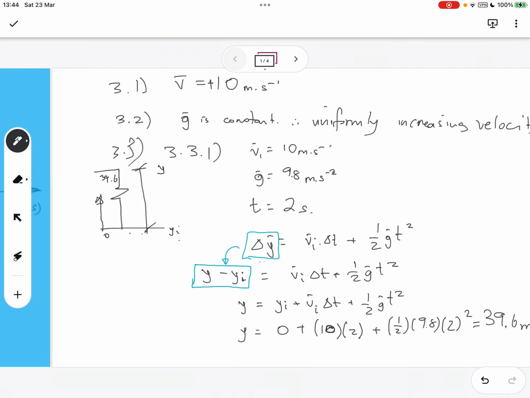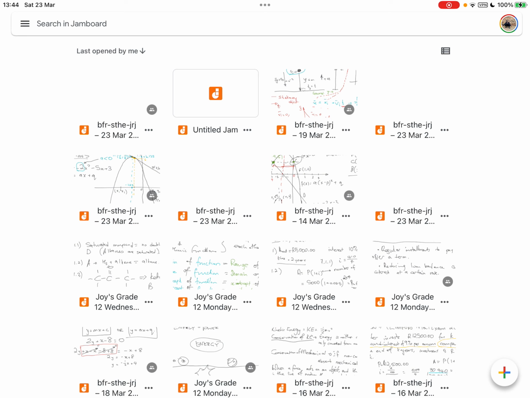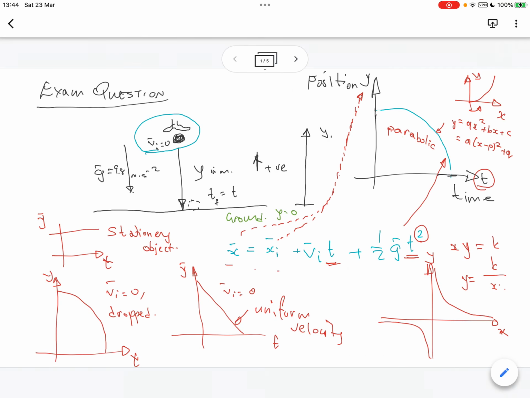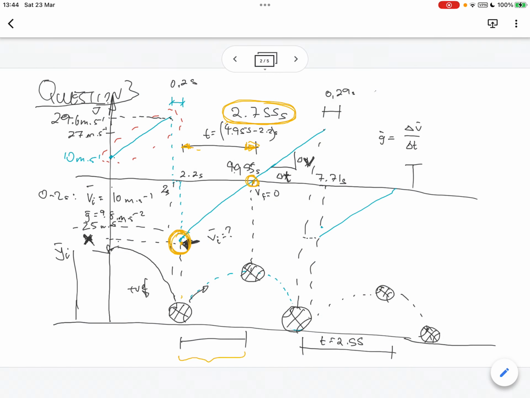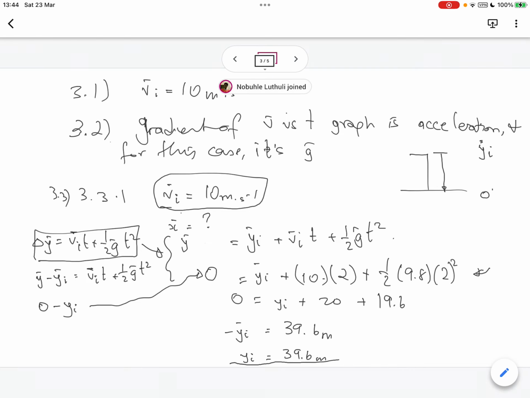Yes. All right. So why don't you check the answer that you guys got in the other Jamboard. We also got 39.6. Oh yeah, actually I'm incorrect in this one, because the correct rationale is y minus yi, right?